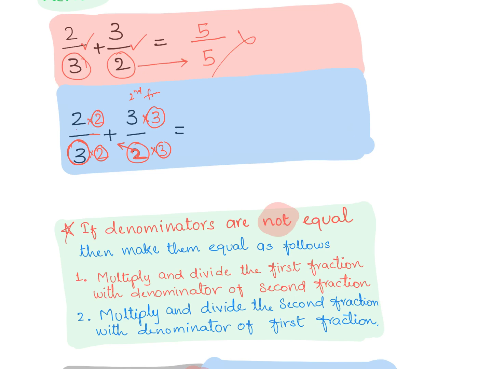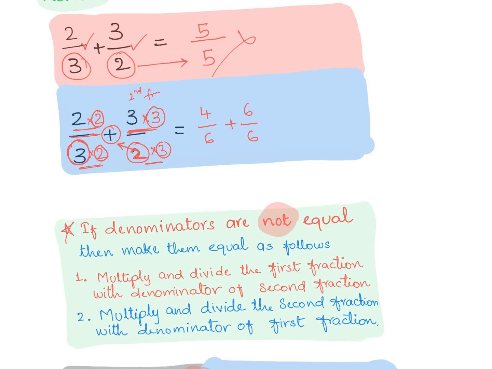So what is this? 2 into 2 gives 4, by 3 2s are 6, and we have a plus here, so plus 3 into 3, so it is 6, by 2 3s, 2 into 3, that is again 6, right?